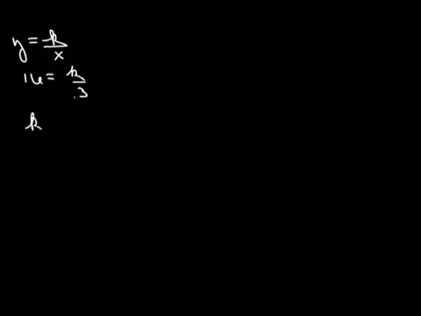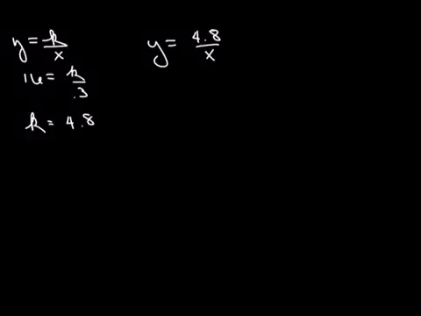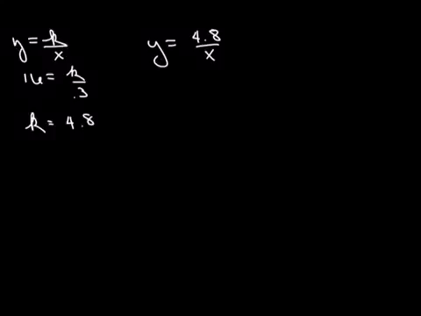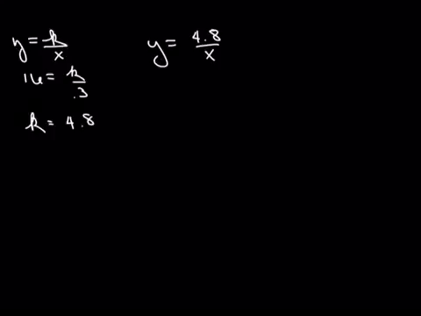So therefore we find k is 16 times 0.3, and that ends up giving us 4.8. So then our equation looks like y equals 4.8 over x. Is that all they wanted? Find the variation constant and an equation. That's all they wanted.